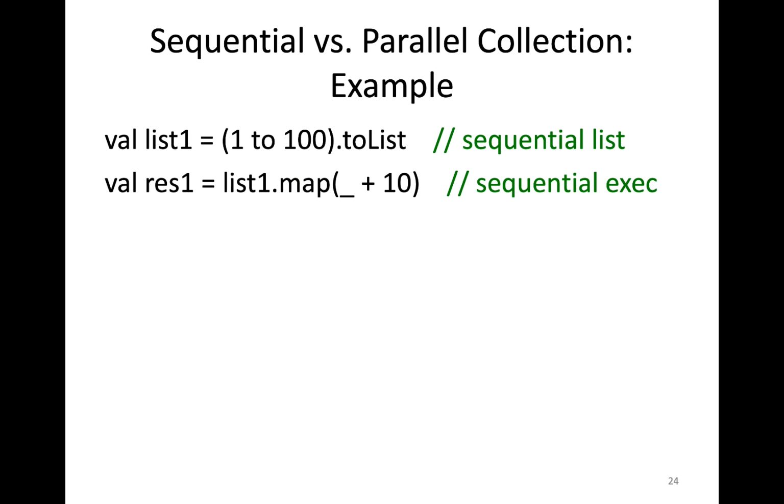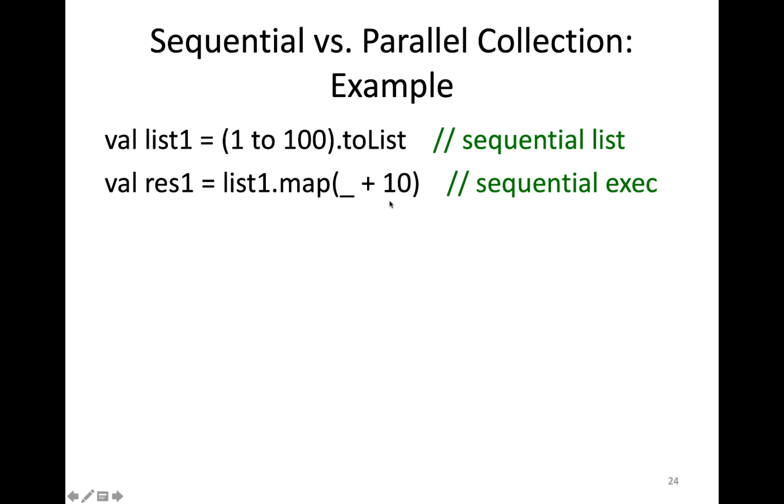Now let's compare sequential computation with parallel computation with a simple example. Here we have a list of 100 numbers, and that's a sequential list. Say we want to add 10 to each of the numbers in the list. Normally we get the list and apply map with this anonymous function.